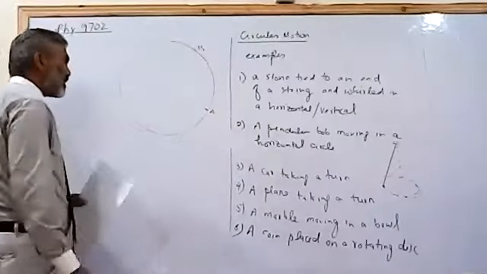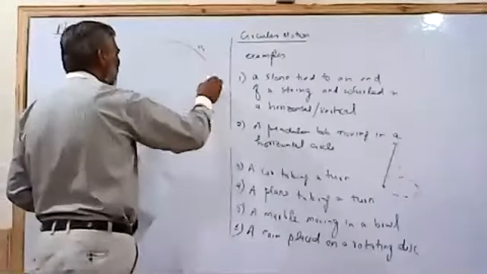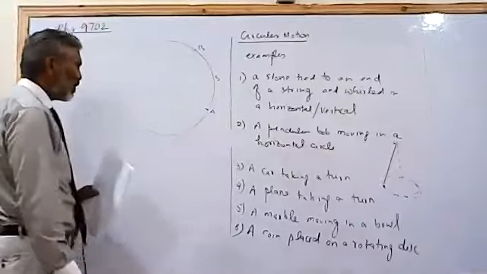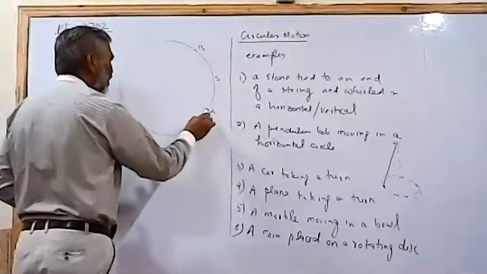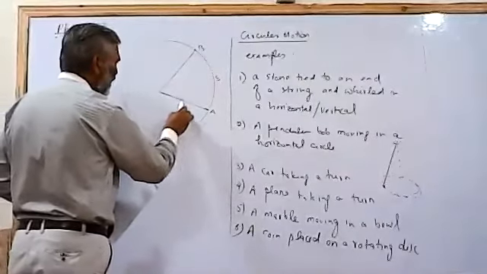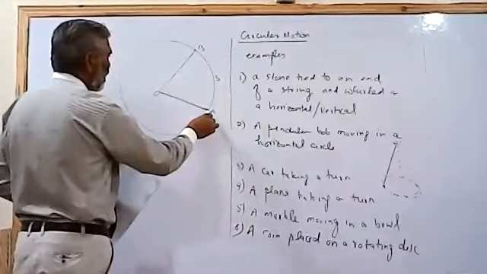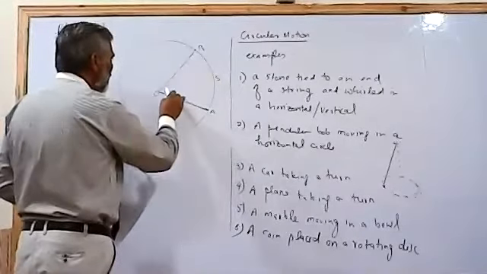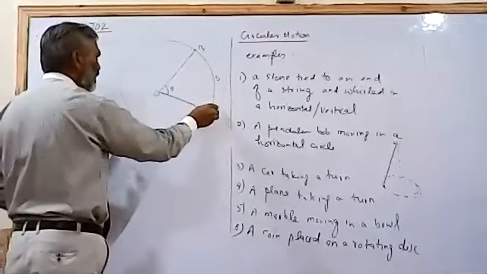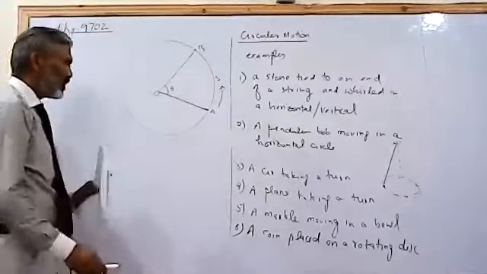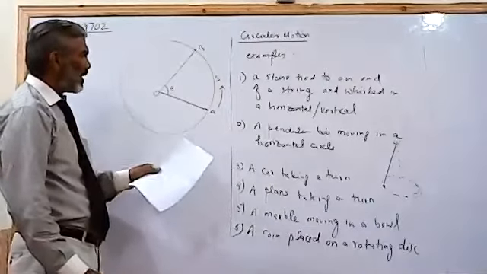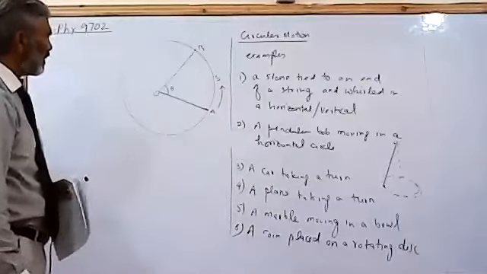The path it covers along the circular motion, along the circle, is the length of the arc, and we usually denote it by S. During this motion, the radius has remained constant, but obviously the radius OA goes to the position OB, and there is an angle that is swept by this radius in this manner. When an object moves along this direction from A to B, an angle is swept by this line OA. So ultimately the position A becomes position B.